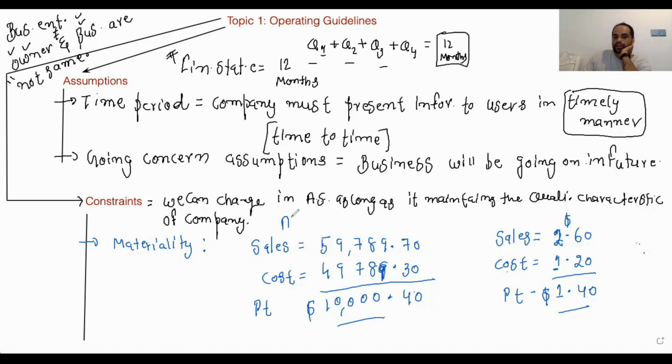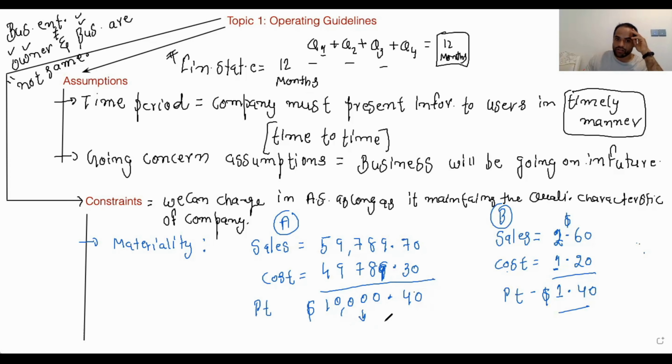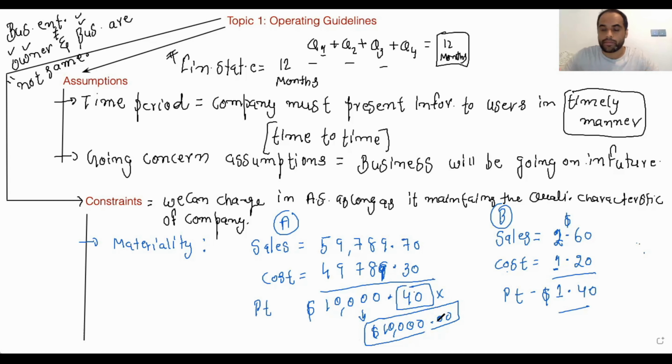Look at this example A, and this is example B. Here, the profit is 10,000 and 40 cents. Can you tell me, if I change this 10,000 and 40 cents to only 10,000, I remove these 40 cents, so I write 10,000, do you think it will affect users a lot?